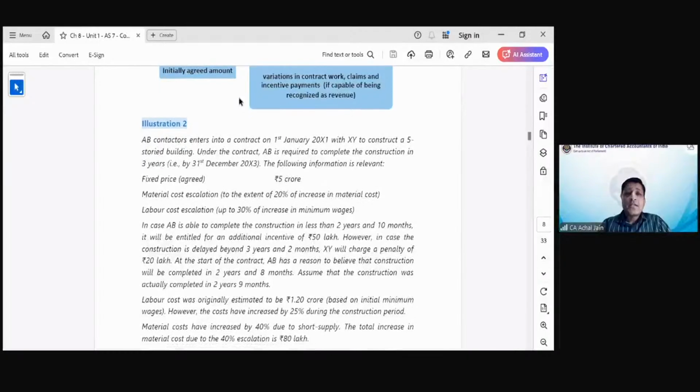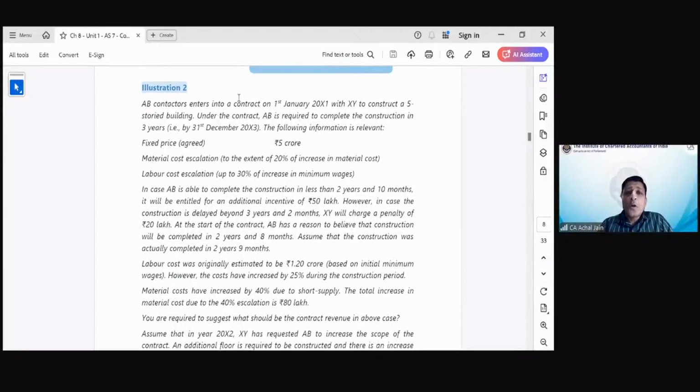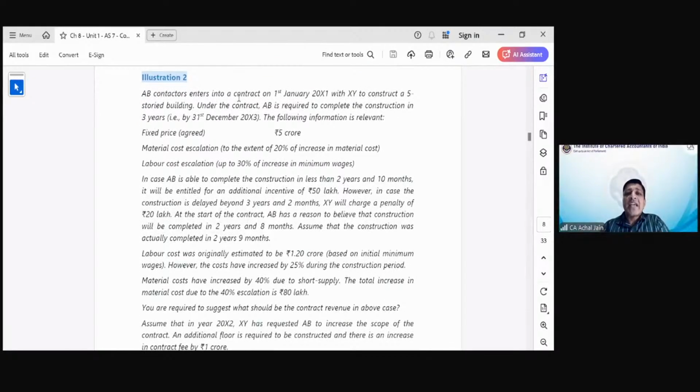AB contractors enter into a contract on 1st of January 2000X1 with XY to construct a 5-storied building. Under the contract, AB is required to complete the construction in 3 years. So the construction will be completed by 31st December 2000X3. So it's a calendar year.